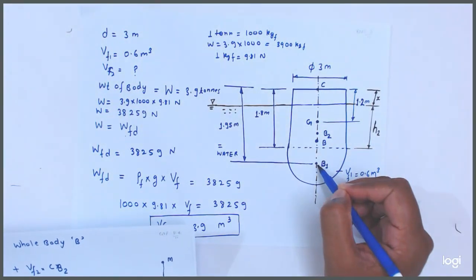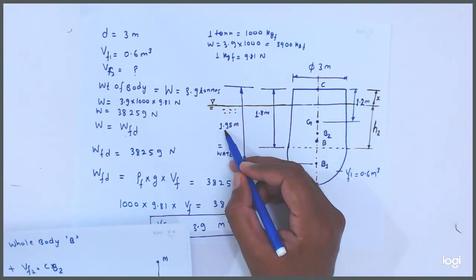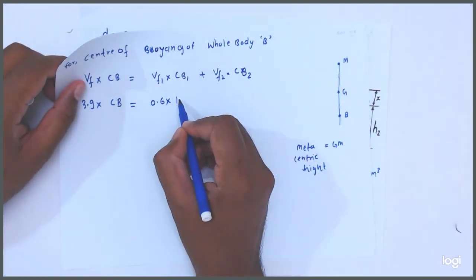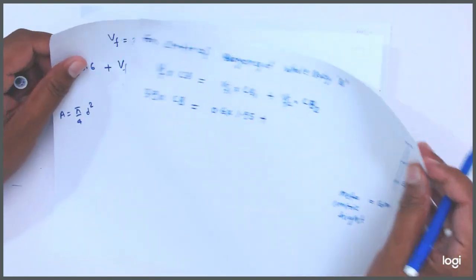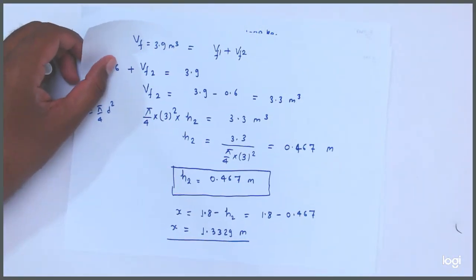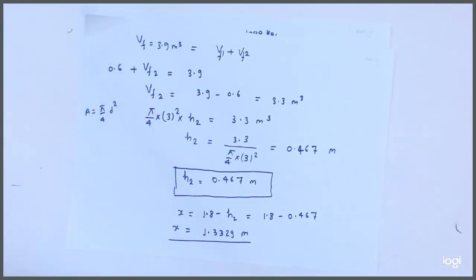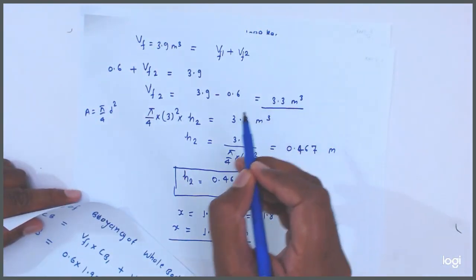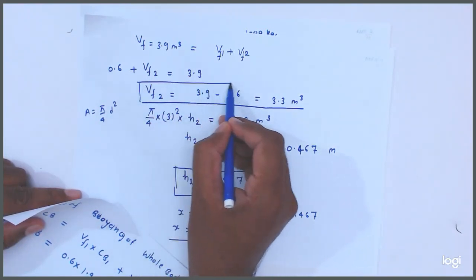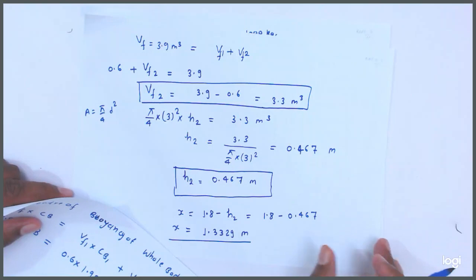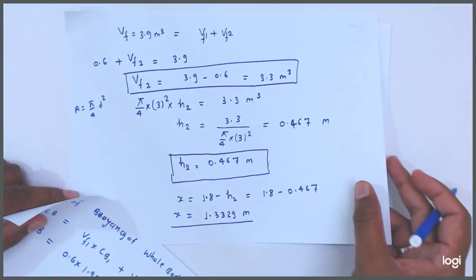The CB1 distance given is 1.95, plus VF2. VF2, friends, is already calculated. What is the volume of VF2? So VF2 is equal to 3.3 meter cube.